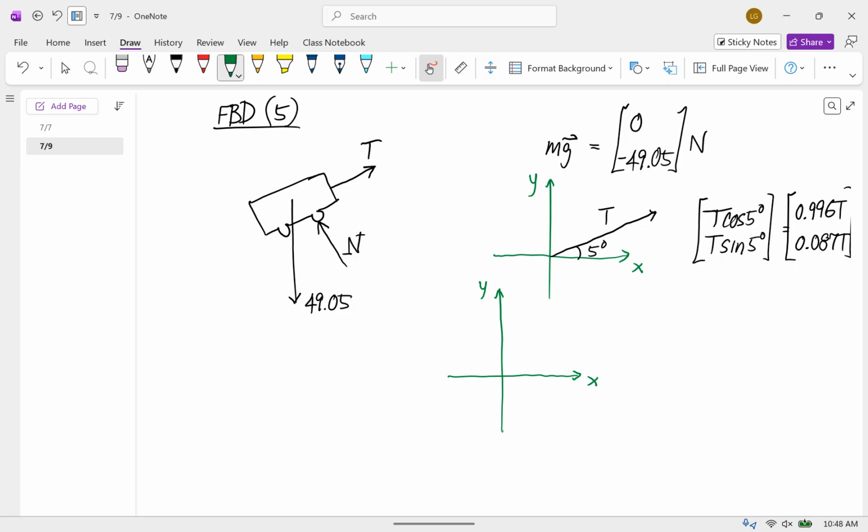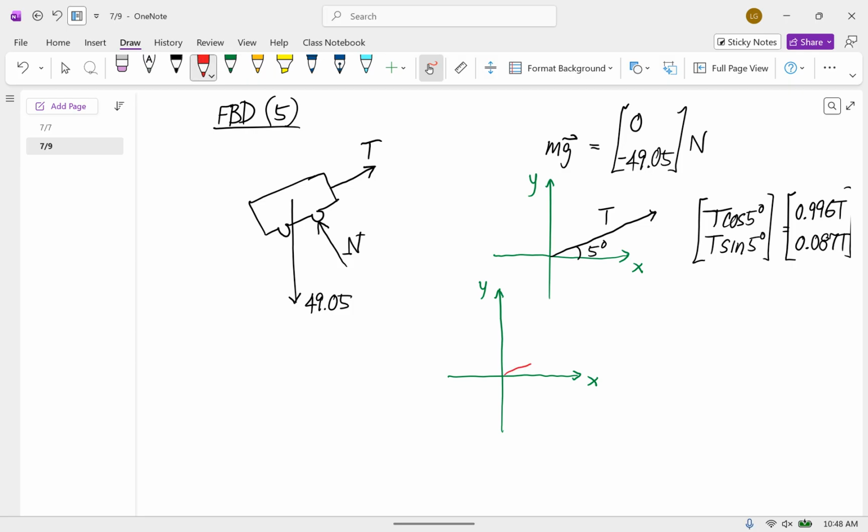Okay, and it's not as clear what the angle is to this N force vector, but you can always piggyback: if you know an angle to something, and then you know the angle from that something to the thing you want, you could bounce around several times and use that technique. So let's do it this way. What do we know about this normal force? We know it's perpendicular to the vector that I just drew here, right?